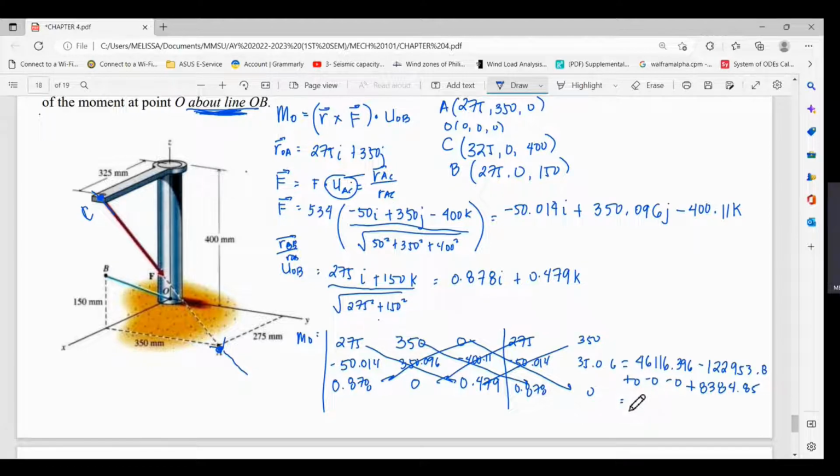Therefore, the final answer will be, okay, negative. The moment at O is negative 68452.55 Newton dot millimeter. Okay? So this is the final answer. Scalar po yung hinahanap. Kaya meron tayo negative 68452.55.